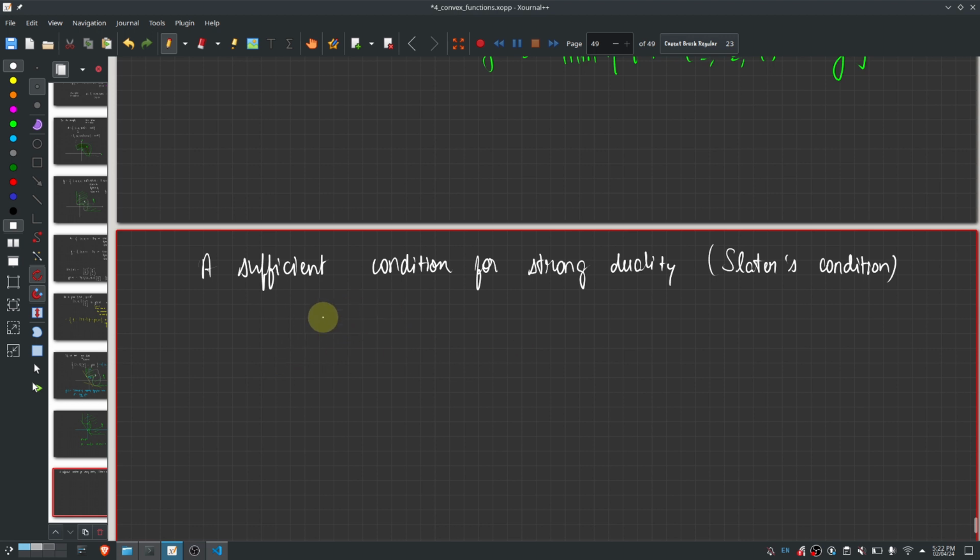For a convex optimization problem, the following holds: there exists some point x that lies in the relative interior of the domain, the region where all of the Fi's and Hi's are well defined.